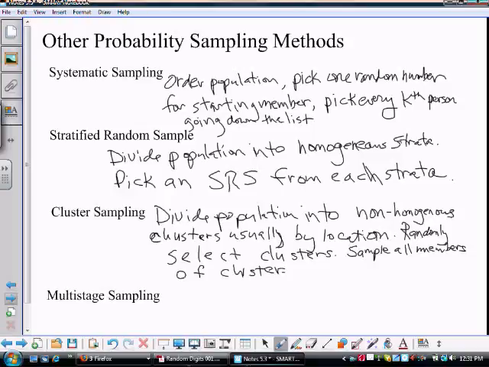Okay? And then there is multi-stage sampling, which is a combination of stratified and cluster along with simple random samples. And they can be in all kinds of strange combinations.